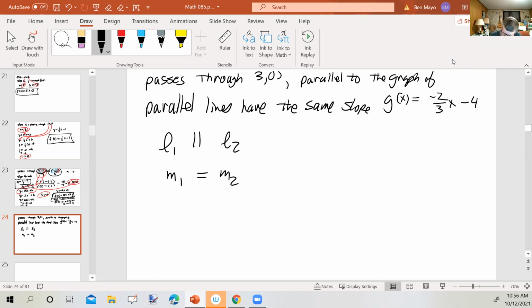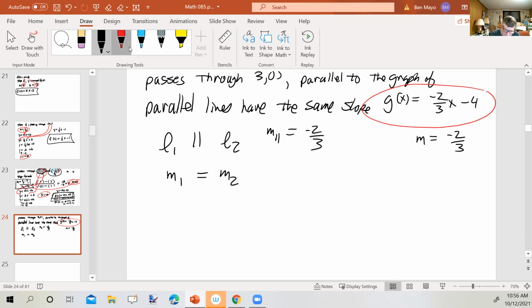So since the two lines are parallel, they have the same slope. Looking at this function, it's in slope-intercept form. The slope is negative 2/3. Therefore, the slope of the line that's parallel is also negative 2/3.